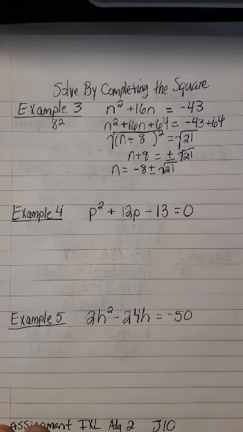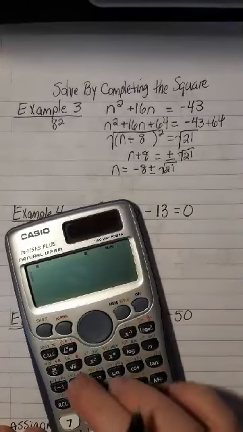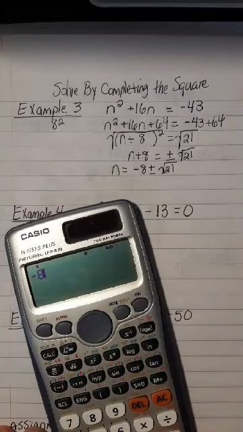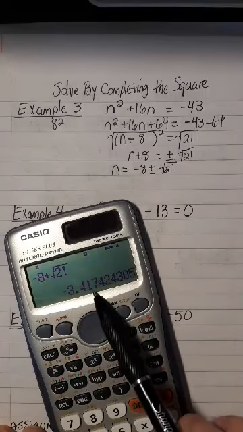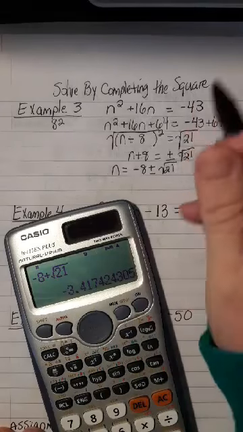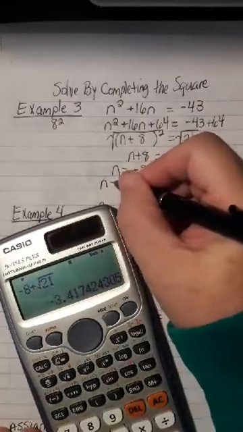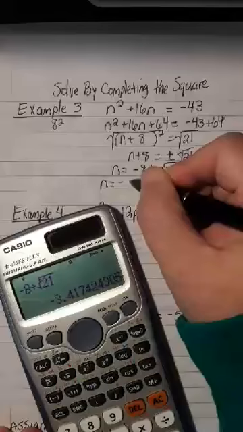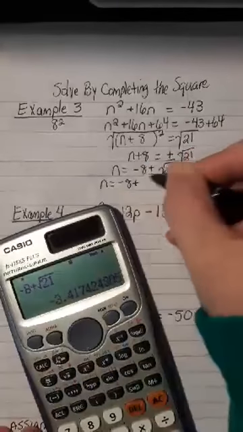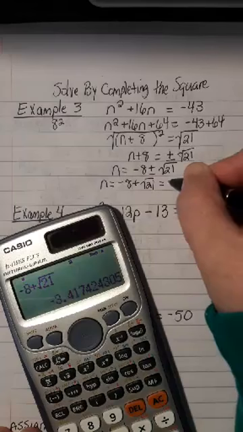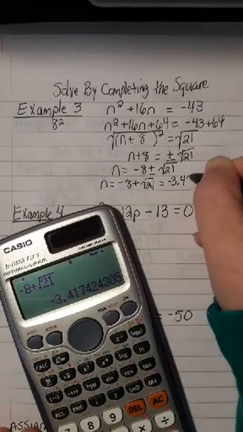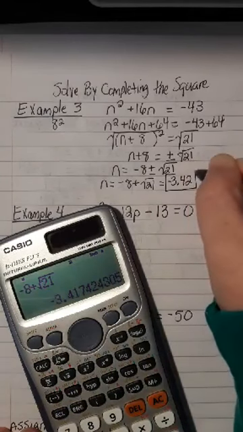And now work that out with your calculator. Negative 8 plus the square root of 21. Use your SD key, and that's going to be negative 3.42. We did that by saying negative 8 plus the square root of 21, and that came out to be negative 3.42 as one of your answers.